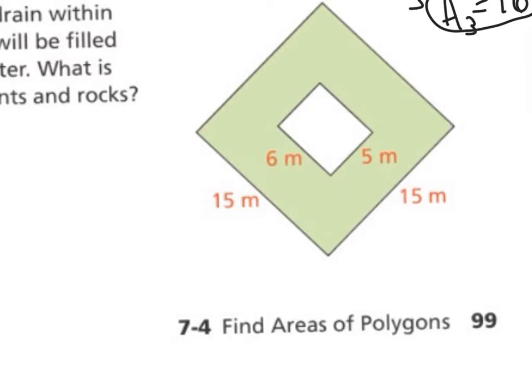So one option you might think of for this is we could take the whole thing minus the middle part. Area of the whole thing. Imagine that hole is not there, and then we take it out. It's kind of like making a rectangular donut here.